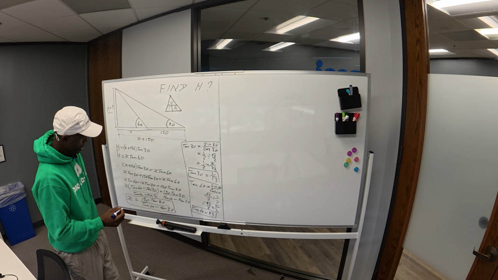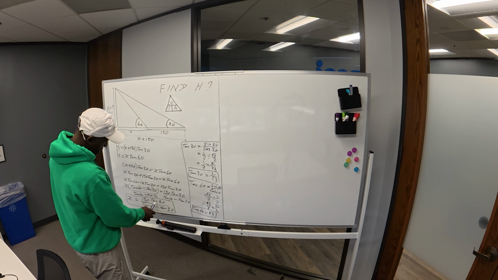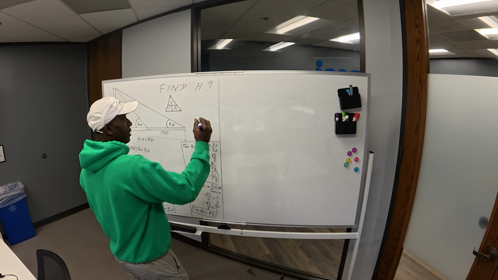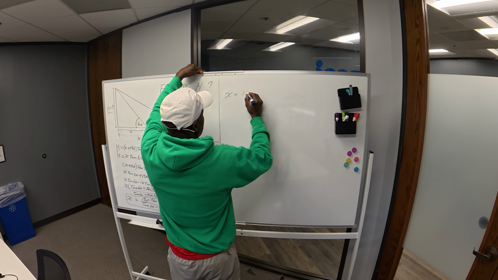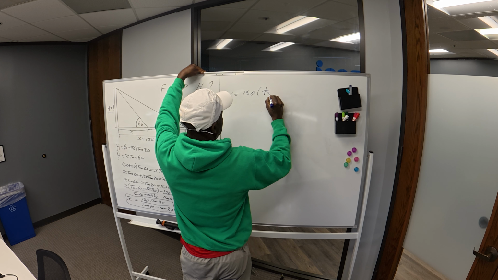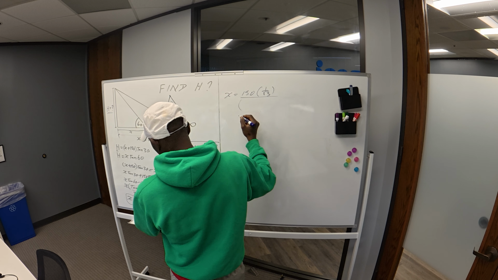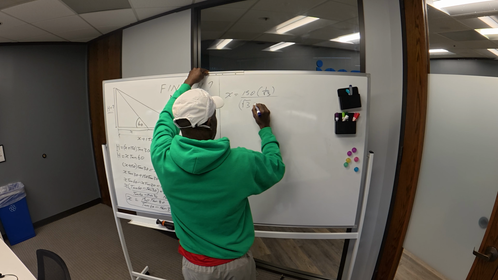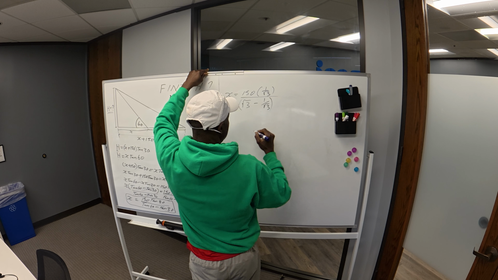So now, using this equation, let's substitute for tangent of 30 and tangent of 60. So now I'm left with x is equal to 150 outside of 1 upon square root of 3, divided by square root of 3 minus 1 over square root of 3.